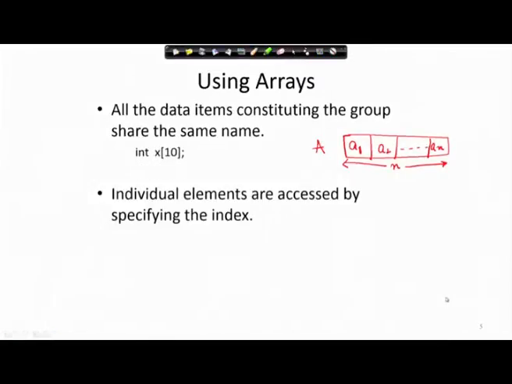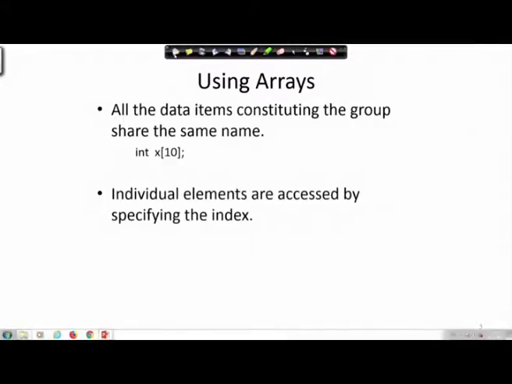For example, here when we declare, here comes a new thing. Suppose we have an array where the size is 10. So, there will be 10 elements of the array.